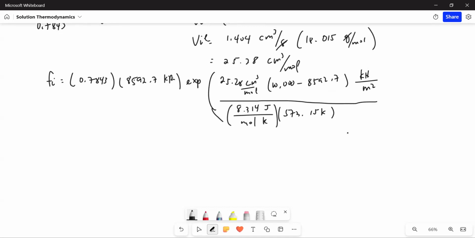How can we do that? Let's get rid of the joules by making it kilojoules; 1 kilojoule is 1000 joules.